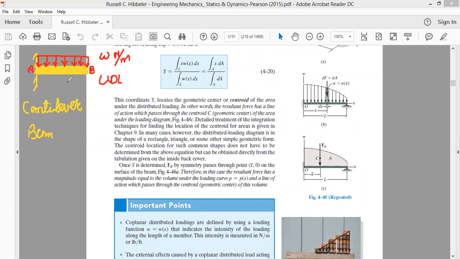Now, let's suppose the total length of this beam is L, and the intensity of the load is W Newton per meter.